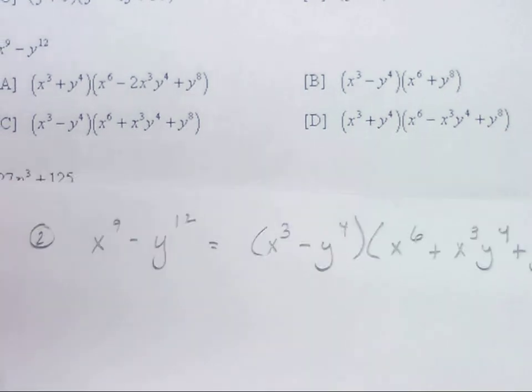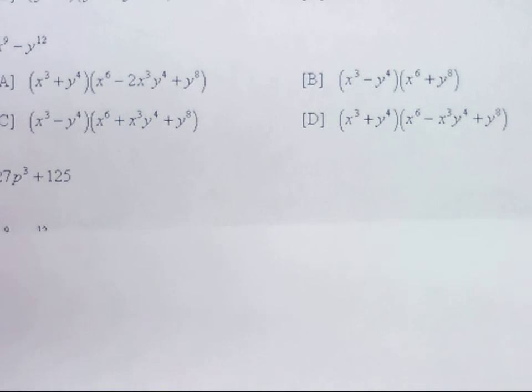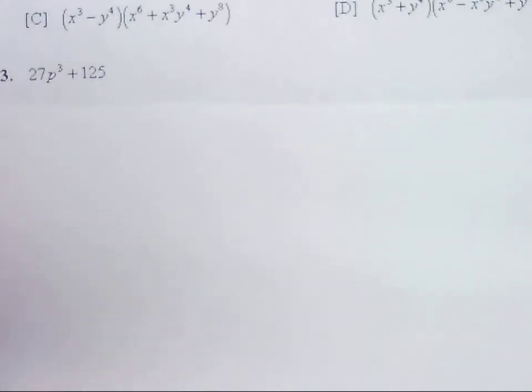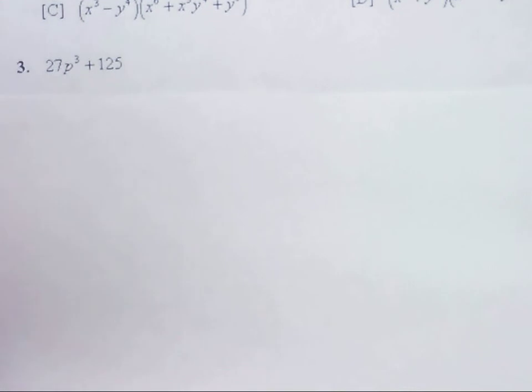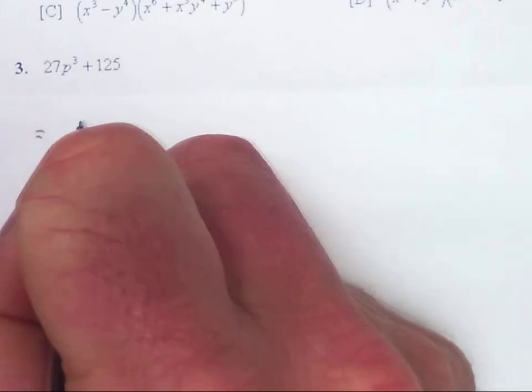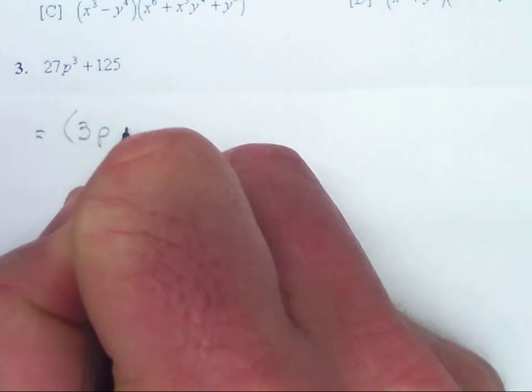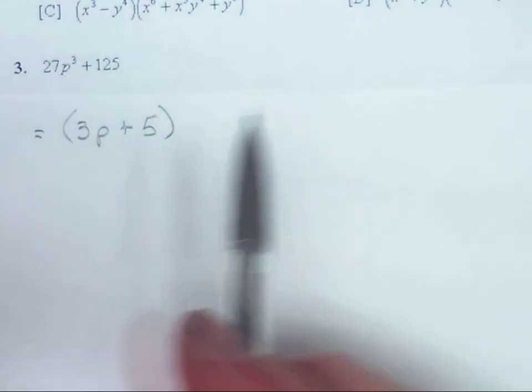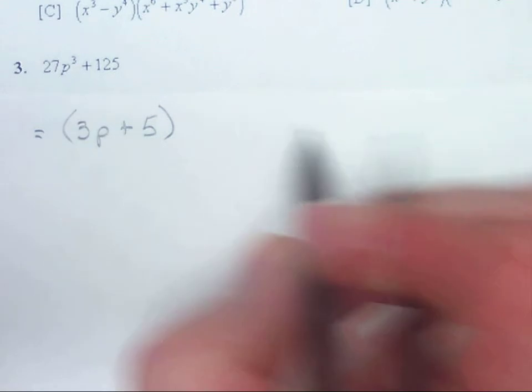Let's try another one. Number 3, 27p cubed plus 125. Once again, just following that pattern, let's take the cube root of the first plus the cube root of the second. Remember, these signs are always the same.